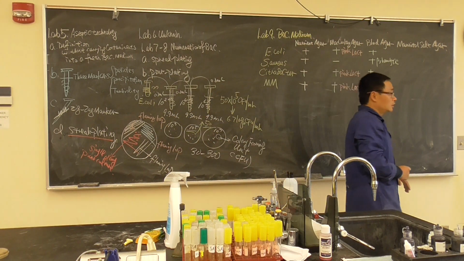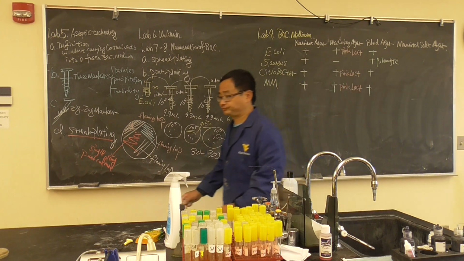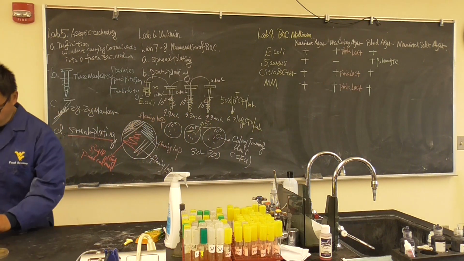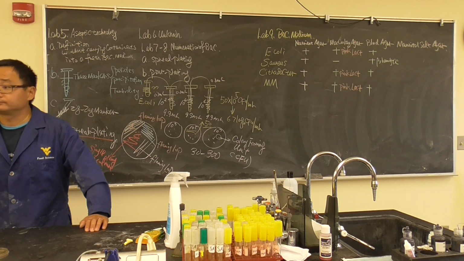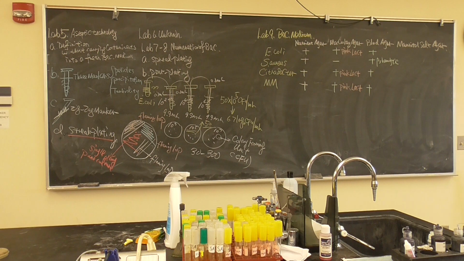Okay, last one, mannitol salt agar. Which one grows? Can I see yours? I think you did good. It should be only Staphylococcus aureus that grows. The others show nothing.